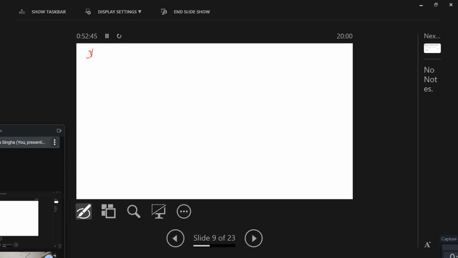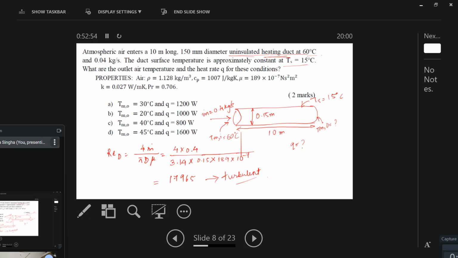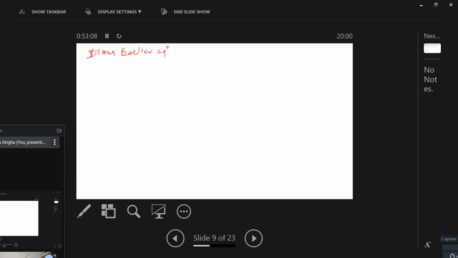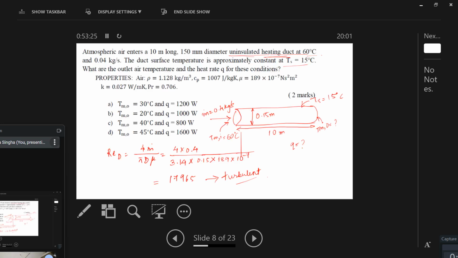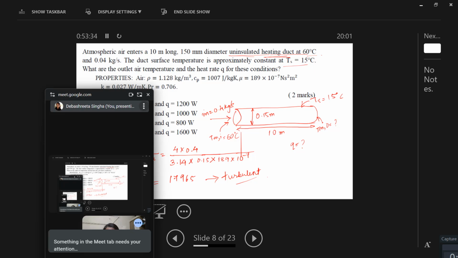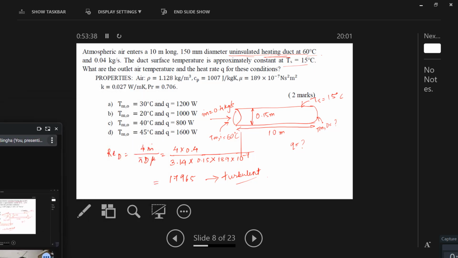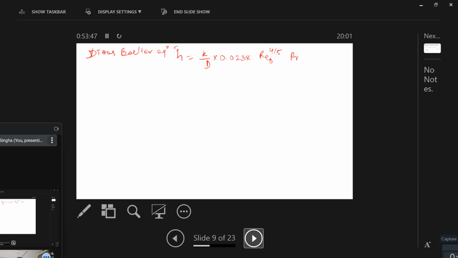So in the Dittus-Boelter equation, h is given as k by D into 0.023 into Re_D to the power 4 by 5 into Pr to the power 0.4.